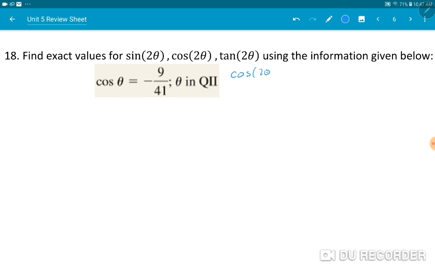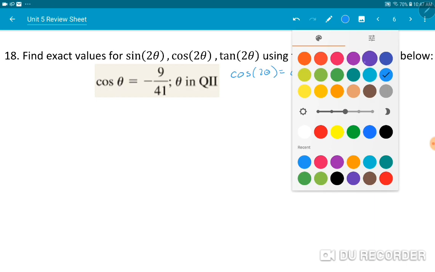Cosine of 2 theta equals cosine squared of theta minus sine squared of theta.